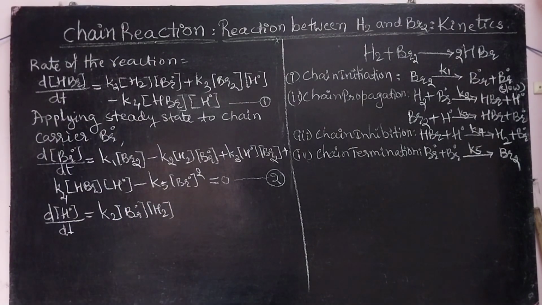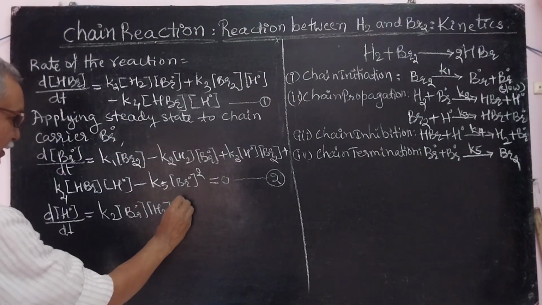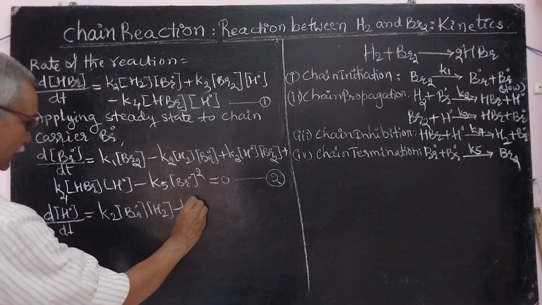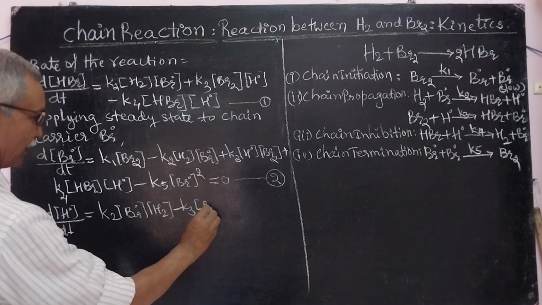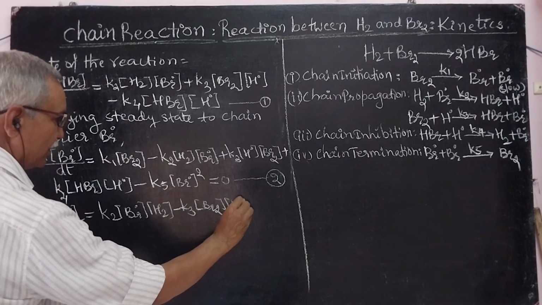Here the H2 is used, and H dot is consumed in this reaction, minus K3 into Br2 into concentration of H dot.